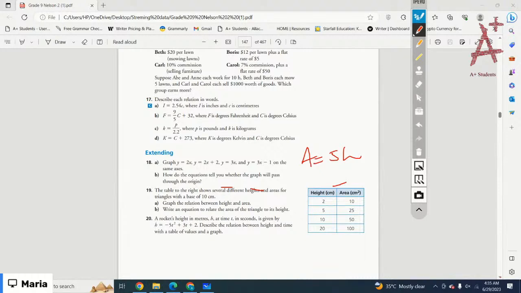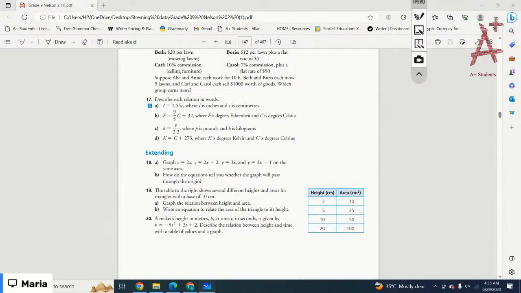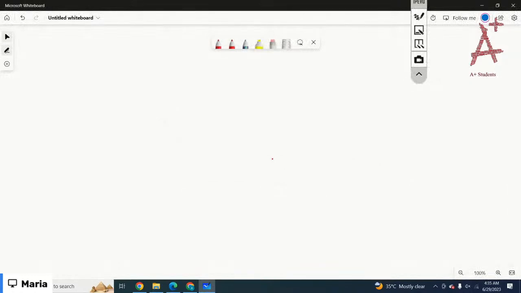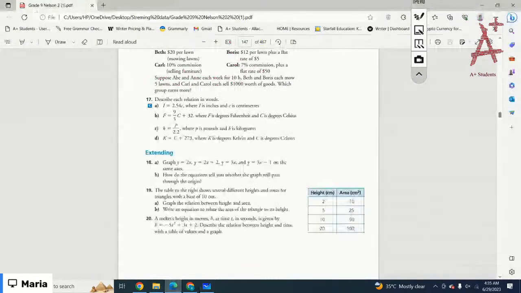Okay, let's just move on to question number 20. A rocket's height in meters, h, at time t in seconds is given by h equals negative 5t squared plus 3t plus 2.